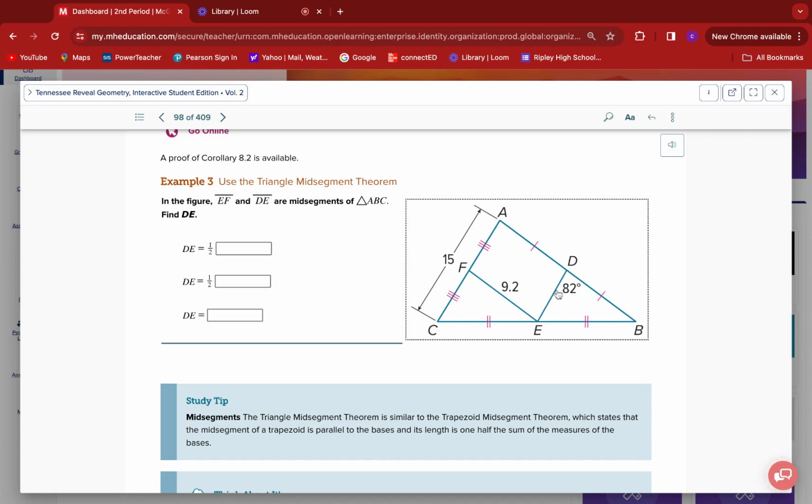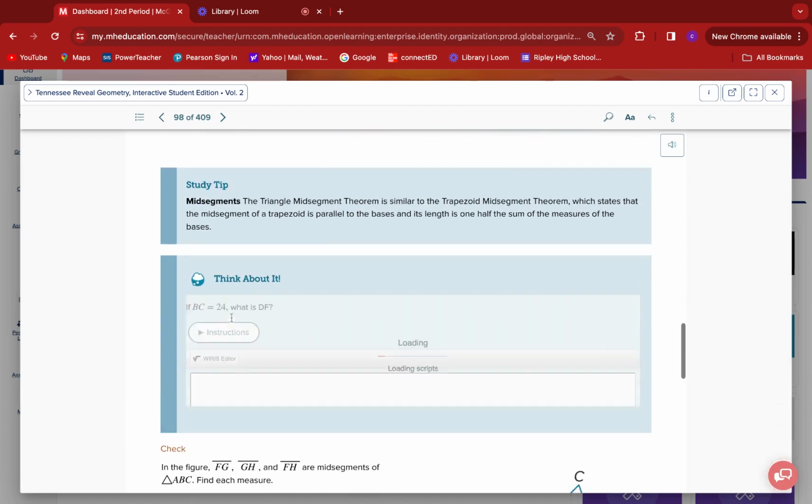That means DE being parallel to AC is half. That means it's going to be half of AC. And since AC is 15, half of 15 is, well, divide by 2, 7.5. There it is. There's example number 3.